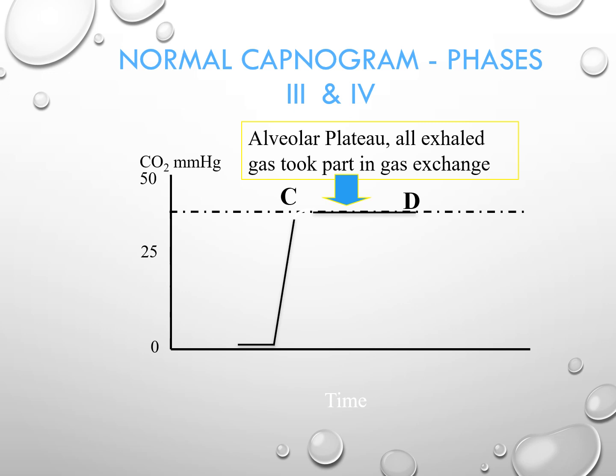That's when your capnometry is actually measuring the end-tidal CO2 number, which, interpolating here, looks to be in the upper 30s to perhaps as high as 40. In most cases it's simply referred to as phase 3, or in this particular depiction, the CD line or portion of the capnogram.